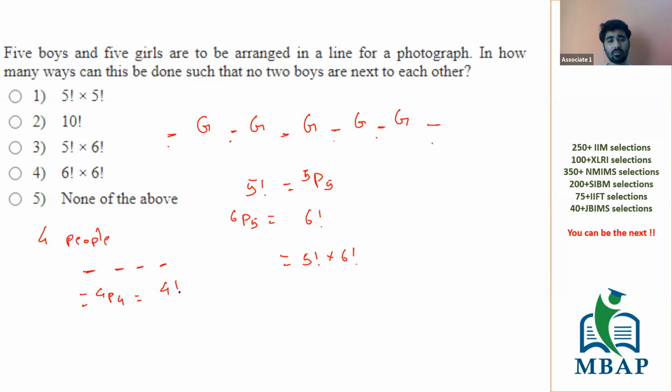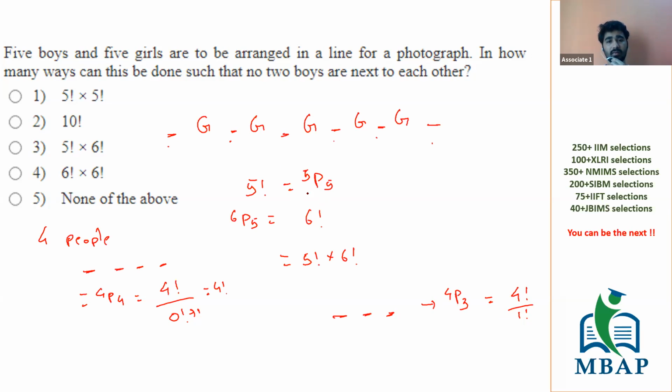This will be n factorial upon n minus r factorial. 4 minus 4 is 0 factorial and 0 factorial is 1. Hence your answer will be 4 factorial. Suppose again you have 4 people but you have 3 spaces. So this basically becomes 4P3 and you get 4 factorial upon 1 factorial. Eventually this also comes down to the same.